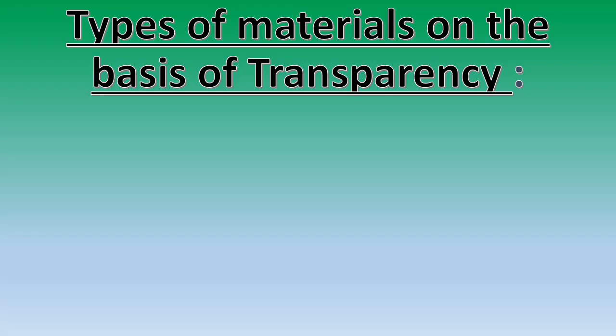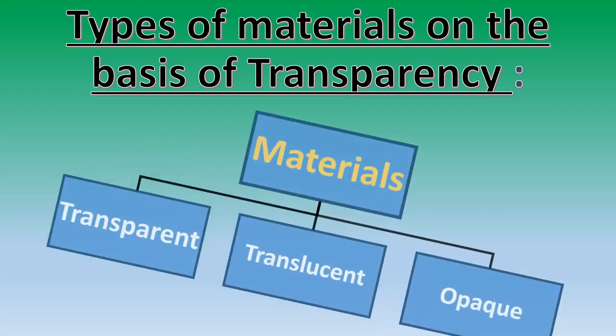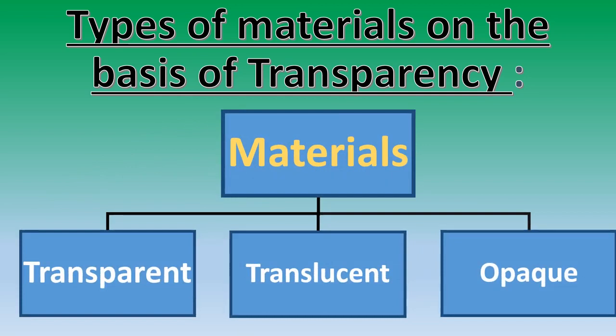Types of materials on the basis of transparency. The materials can be categorized into three types. Number 1, transparent. Number 2, translucent. Number 3, opaque.